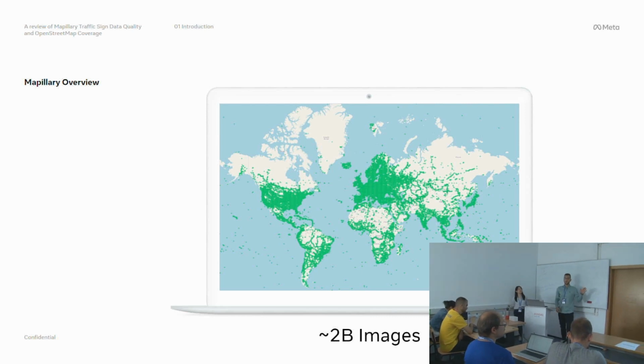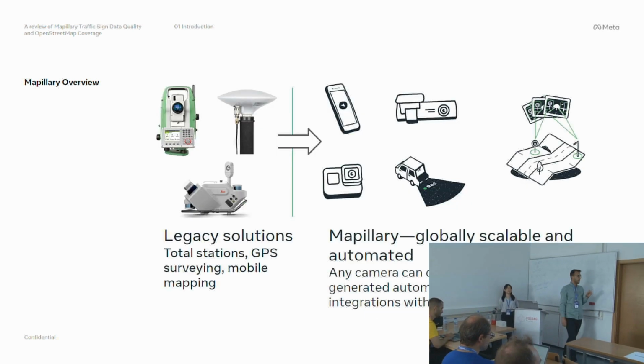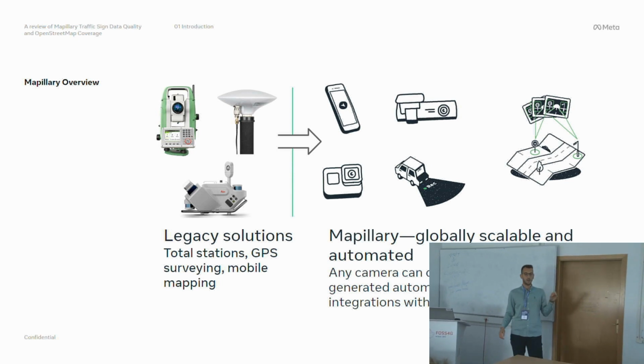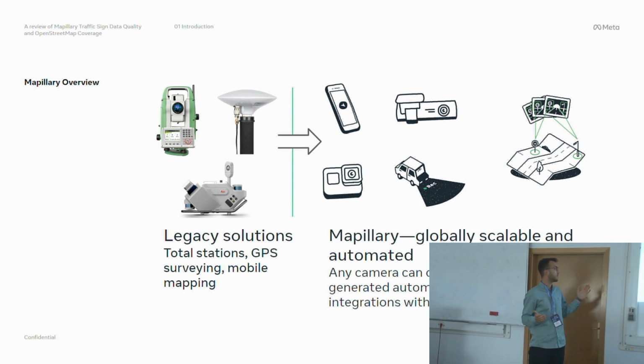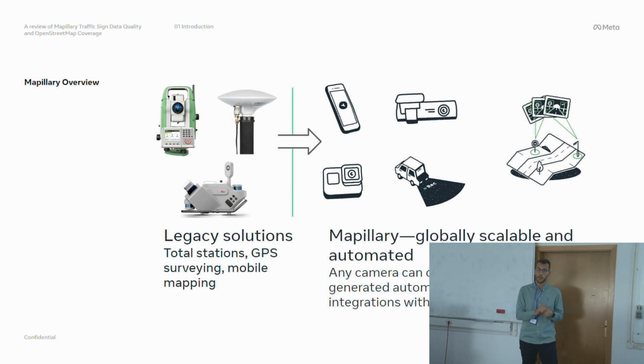All those images came from the community as well as our partners, which are organizations, including governmental organizations. Thanks for contributing. Eventually, this data helps improve OSM. Let's get into how Mapillary automates and scales mapping. Earlier, in map data collection, we and others still use total stations, GPS, and LiDAR for collecting data.